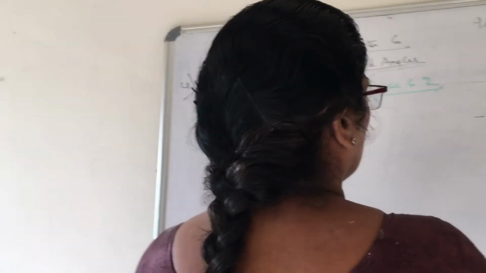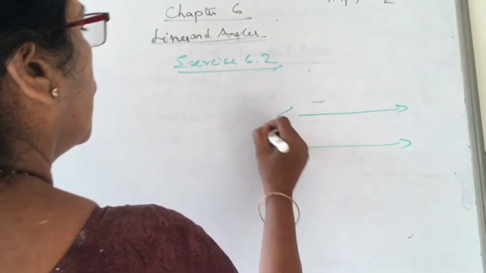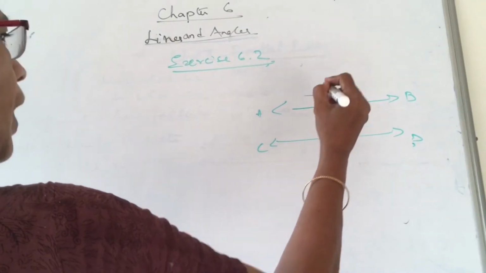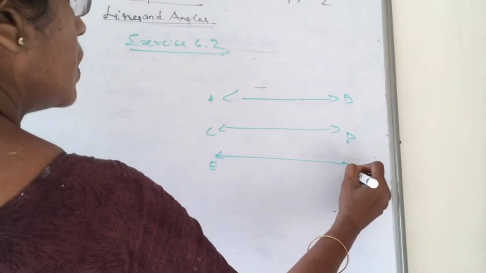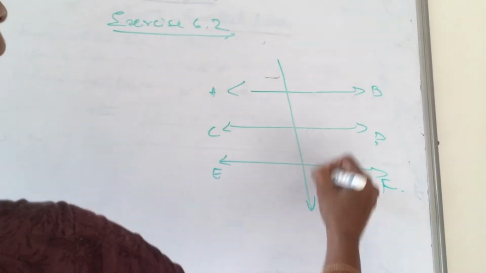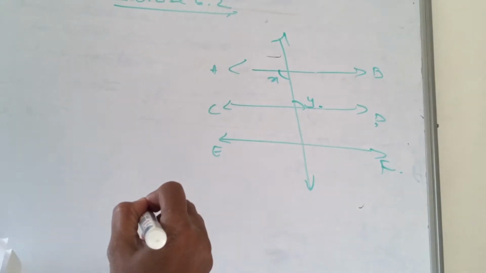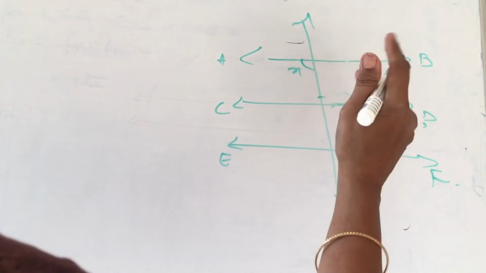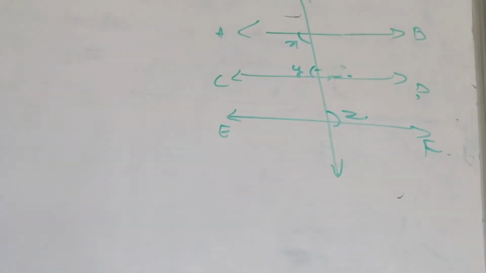In the figure, if AB is parallel to CD and CD is parallel to EF, find X and Y. Yes, children, find X and Y. This is the question given.